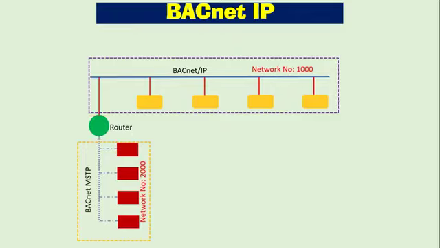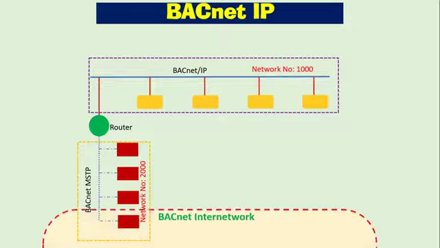This BACnet MSTP is a separate BACnet network with a network number of 2000. So here we now have two different BACnet networks. One is the IP network with the network number 1000 and the other is the BACnet MSTP network with the network number 2000. These both networks combined form a BACnet internetwork.